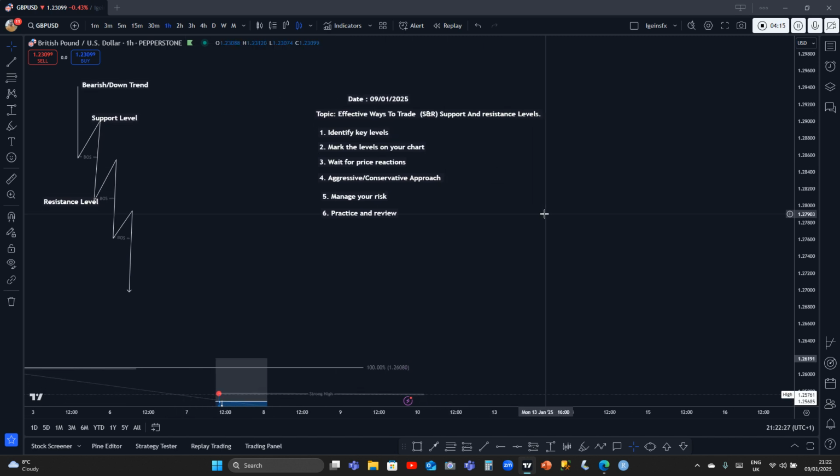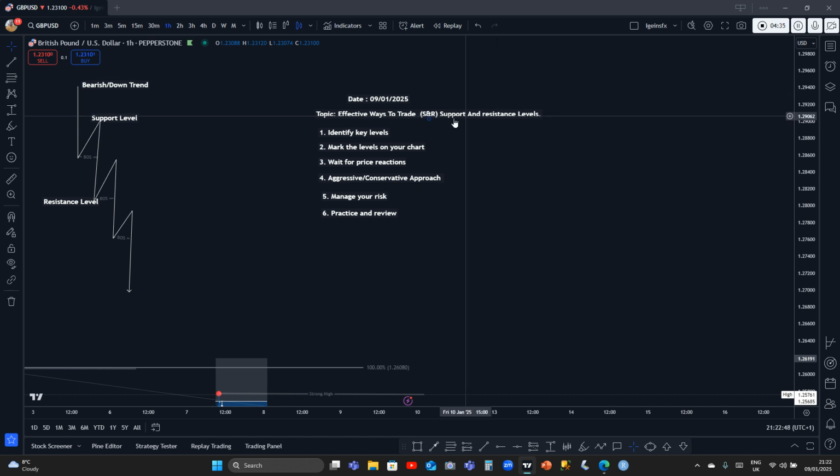Number one, you have to identify key levels. For you to be able to trade support and resistance level, you need to identify key levels. And how do you do that?